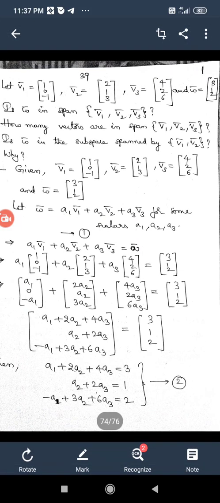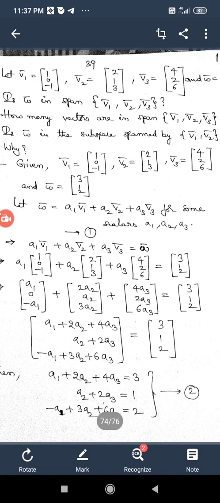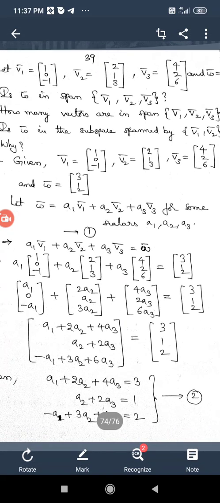I take that statement as equation number 1: w bar equals a1 v1 bar plus a2 v2 bar plus a3 v3 bar.